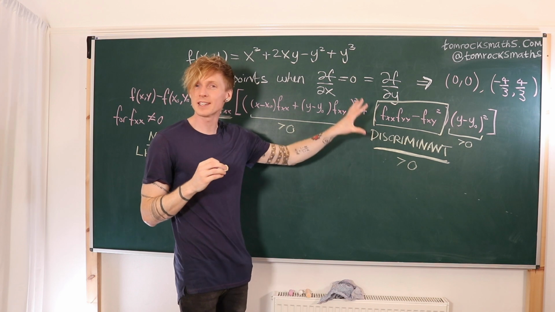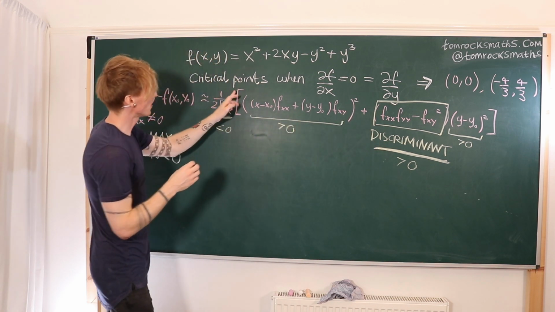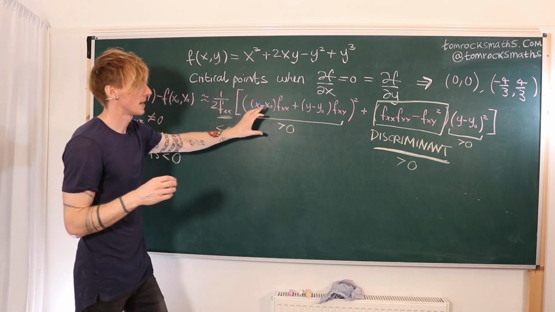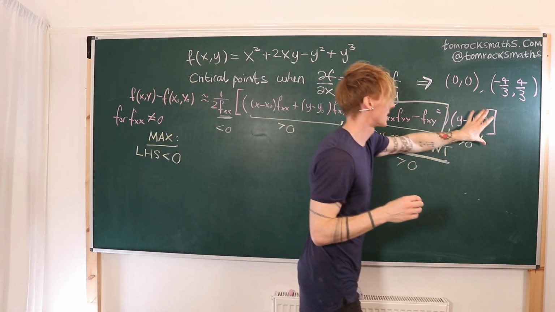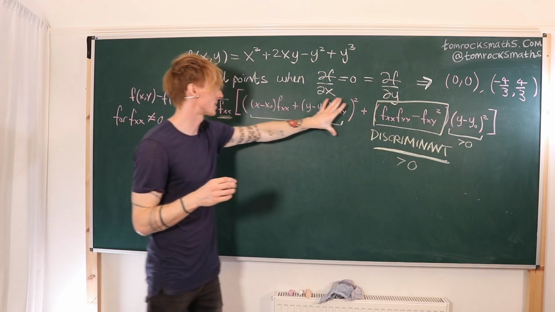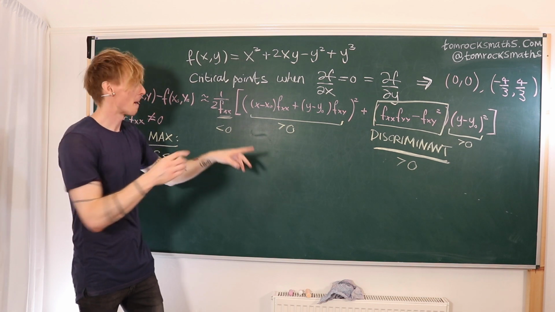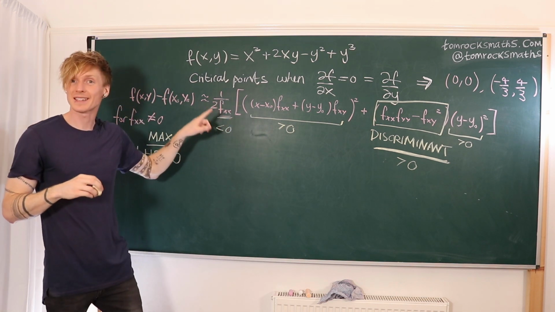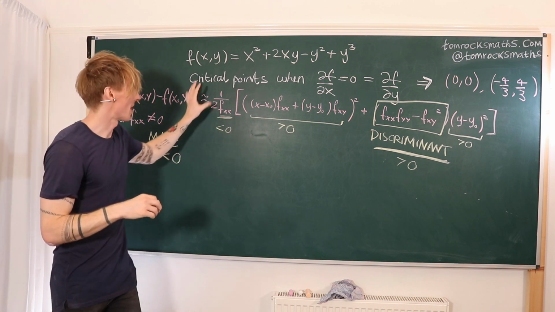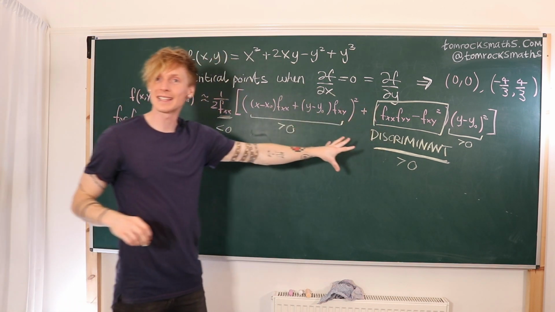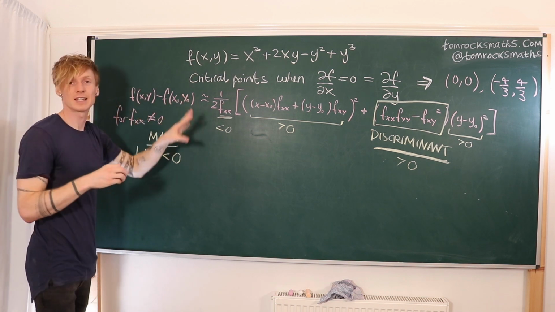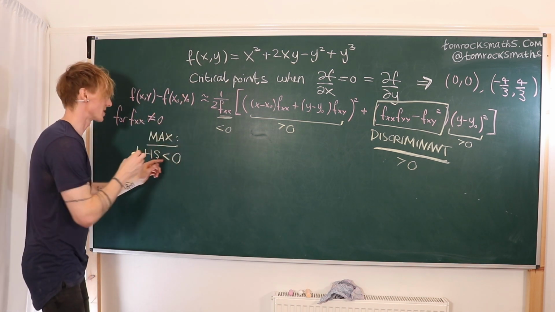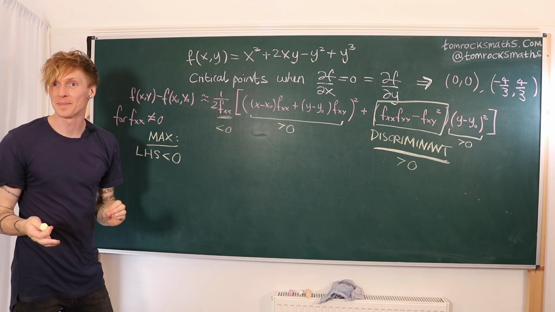Because if our discriminant is positive, everything inside the square bracket now has a fixed sign. Everything in the square bracket is positive, multiplied by the negative fxx second derivative. That means the whole right-hand side is negative, therefore the left-hand side is also negative, and we do indeed have our maximum.